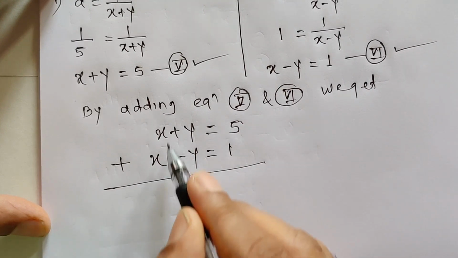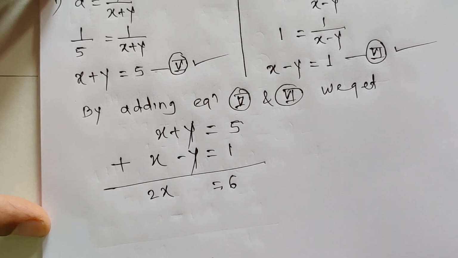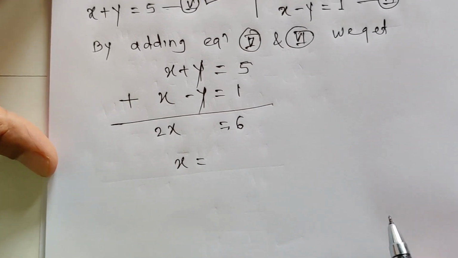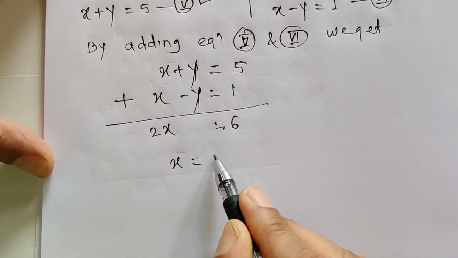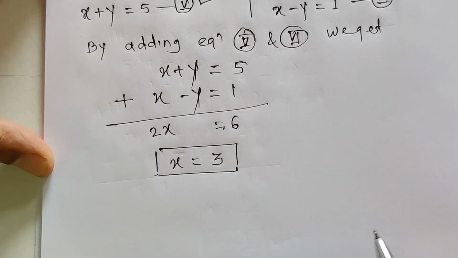Now add these equations, x plus x is 2x, y gets cancelled, is equal to 5 plus 1 is 6. Now x is equal to 6 divided by 2 is 3. So we get the value of x is equal to 3.